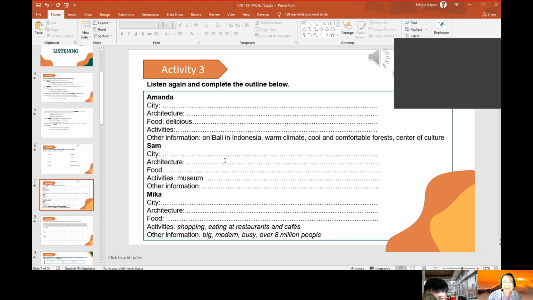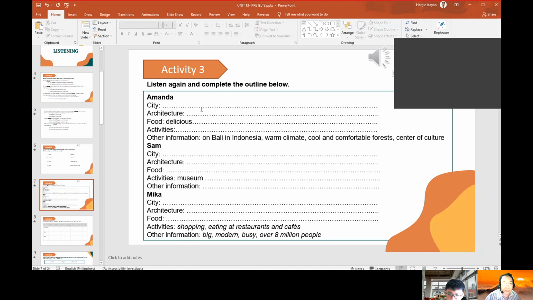Because it's... I think it's for the norm. And okay, of course, why we need to study this one is because we want to have learning, not only for our own country but other countries too, right? When you look at this one, we're able to see one of the cities in Bali, Indonesia, which is Ubud City, right?